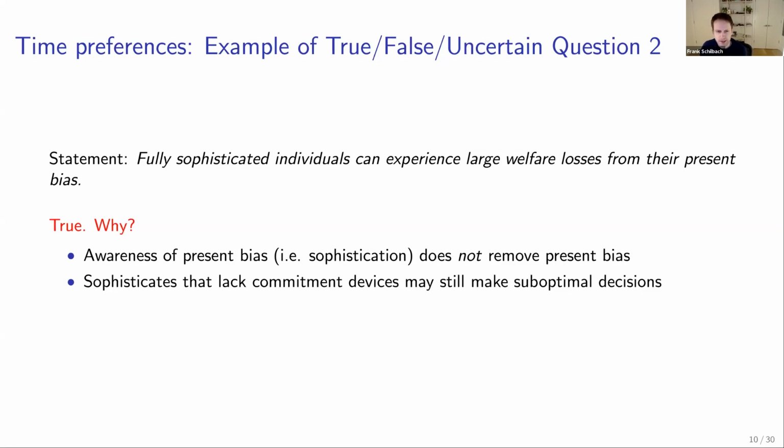We discussed some numerical examples in class where you could see that sophisticated people might actually be worse off than naive people and could suffer relatively large welfare losses from that present bias. All of this is evaluated by their long-run utility, as in, if somebody makes choices for the future where beta is not relevant, compared to that welfare criterion, people might be a lot worse off due to their present bias.